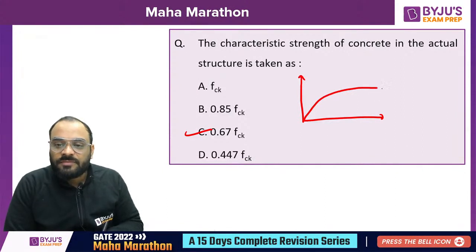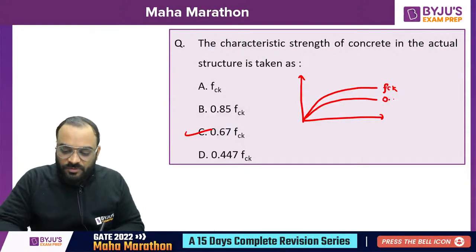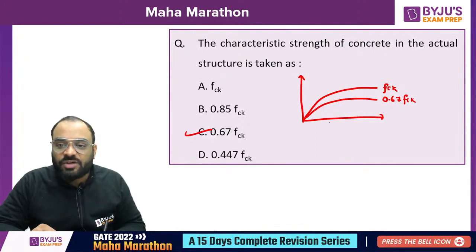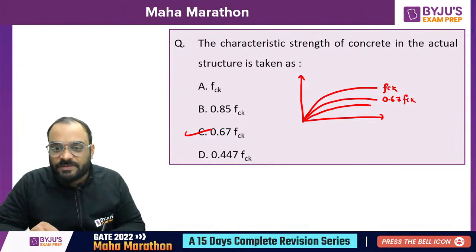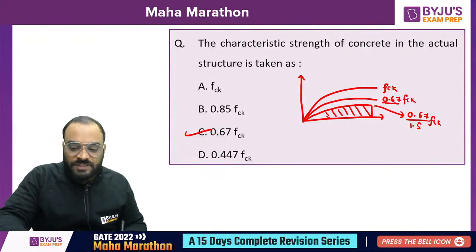This one is our characteristic strength for cube, and this one is the characteristic strength of the actual structure, right? And guys, if you use partial factor of safety, then the curve will become like this, and this is nothing but the uncertainty factor. So this value will become 0.67 divided by 1.5 FCK. Clear? So C is the correct answer.